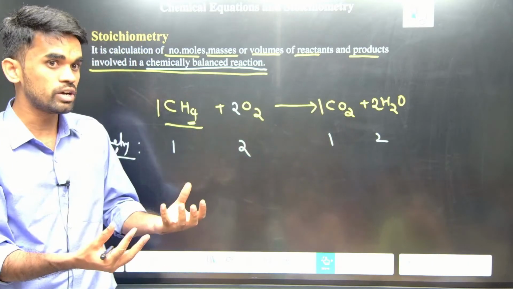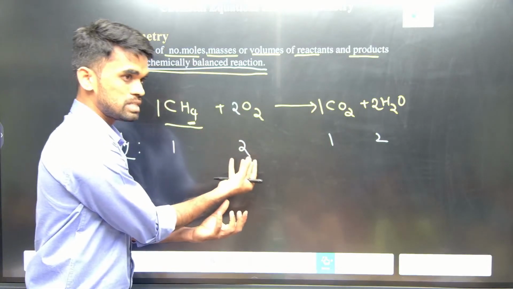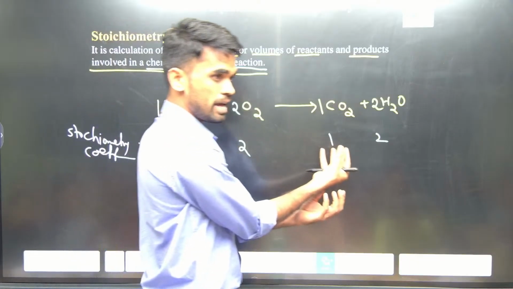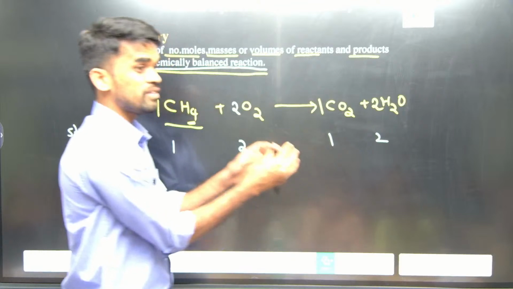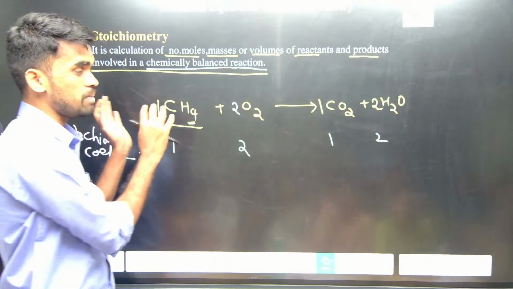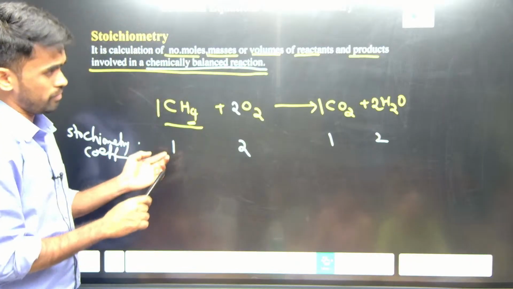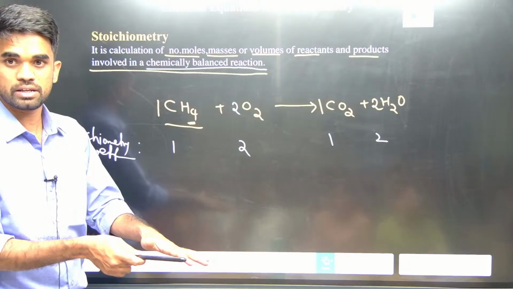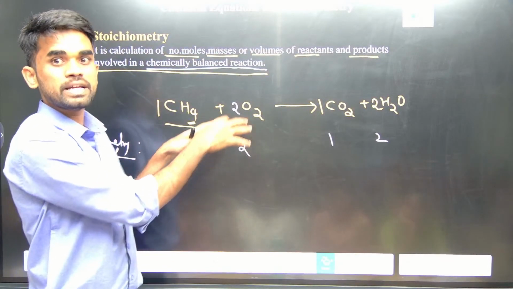So theoretically, for combustion of 1 mole of methane, how many moles of oxygen are required? 2 moles. And how many moles of carbon dioxide are formed? 1 mole. Water? This is our theoretical assumption based on the balanced equation. When we do it practically, a real experiment, it almost looks like this. It will not be greater than this.